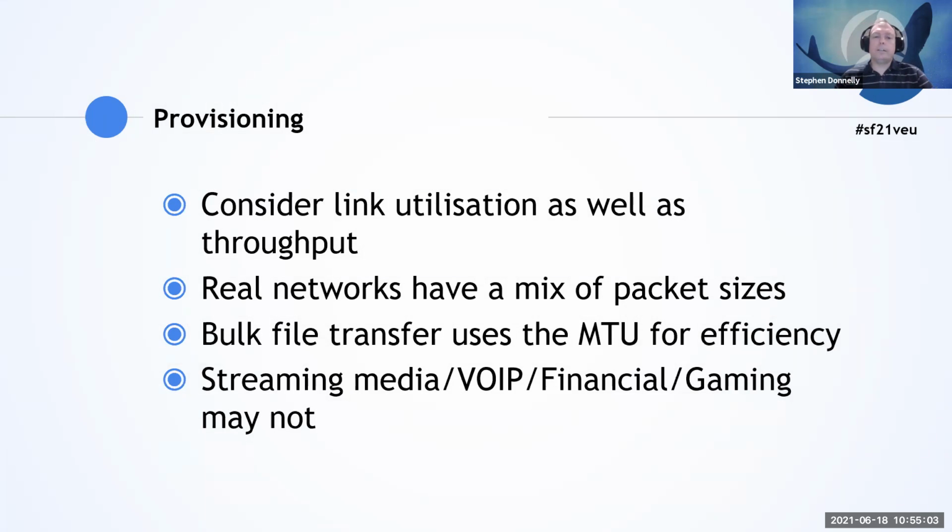If you're considering a provisioning exercise, so how much bandwidth do I need to provision between some sites, then you do need to consider that as well as throughput, because that includes the preamble and the end-of-frame gap times. Real networks have a mix of different packet sizes.